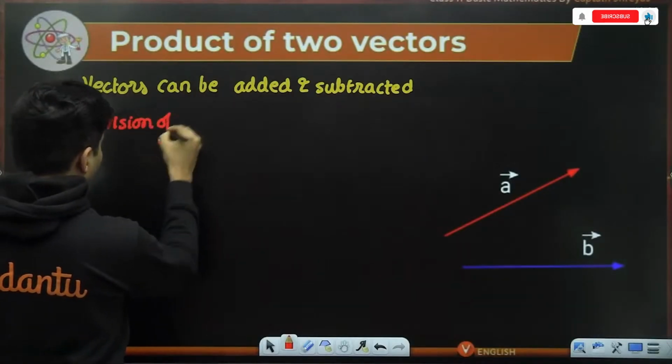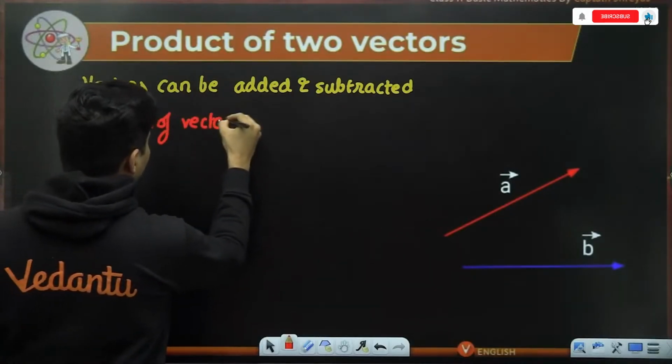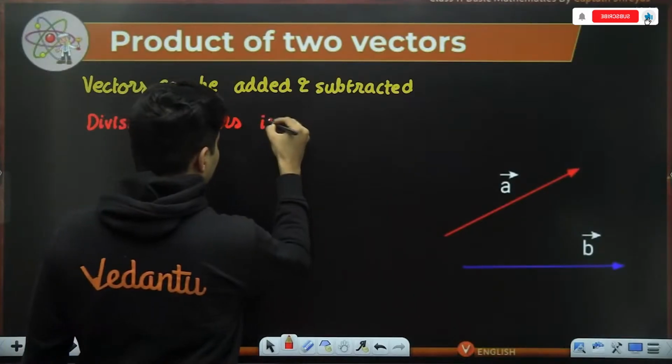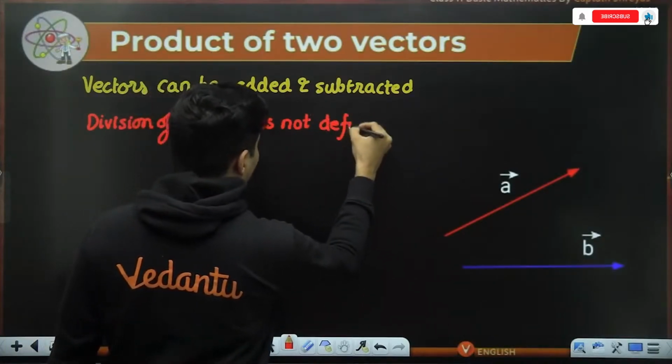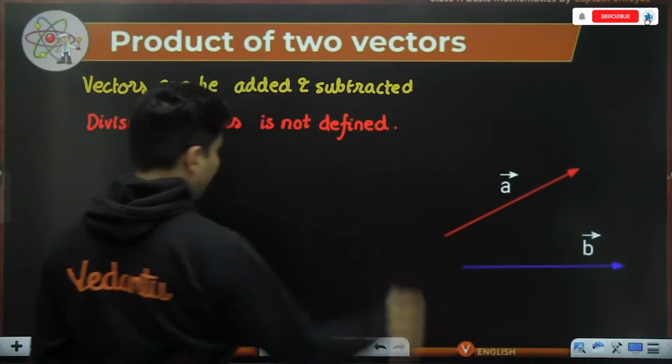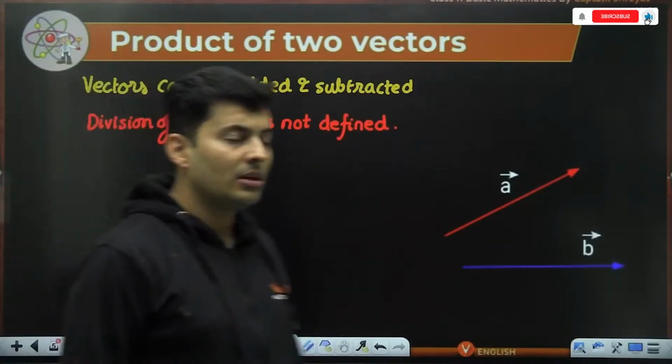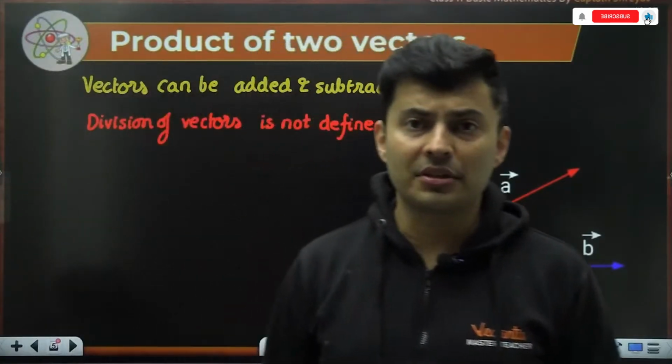Division of vectors is illegal. Division of vectors is not defined. It's meaningless to divide two vectors with each other.